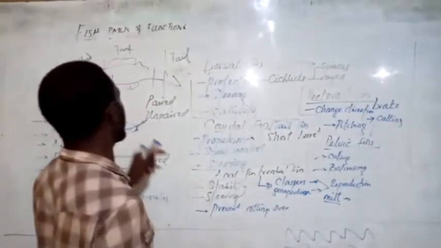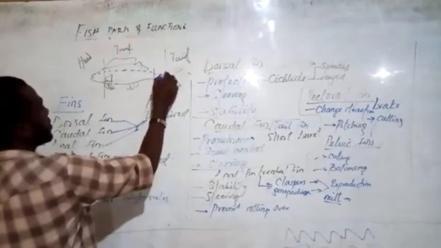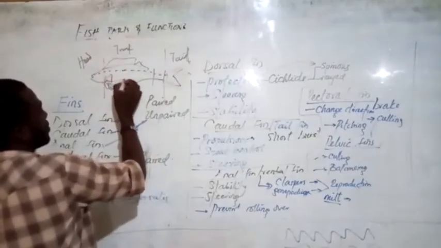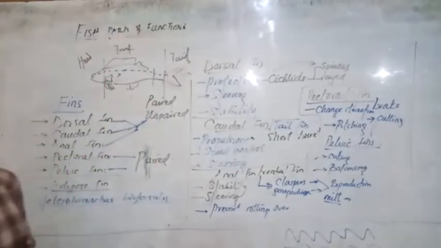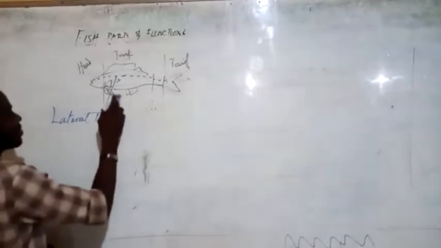Alright, we are going to talk about the other parts now, which are the lateral line and the scales. Now, the lateral lines of the fish are basically for the following functions.